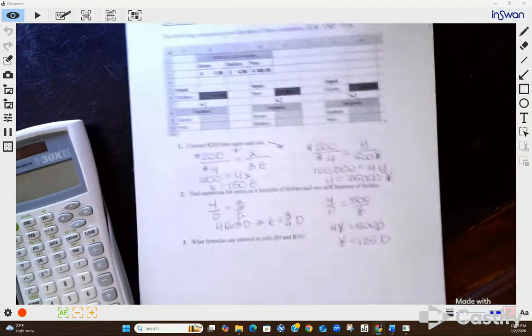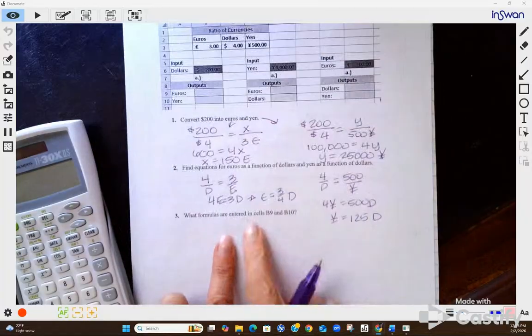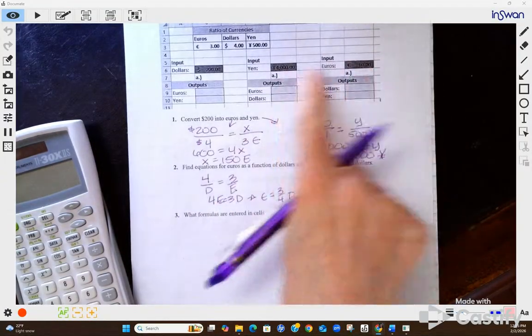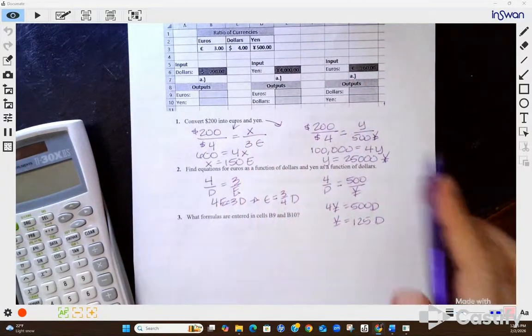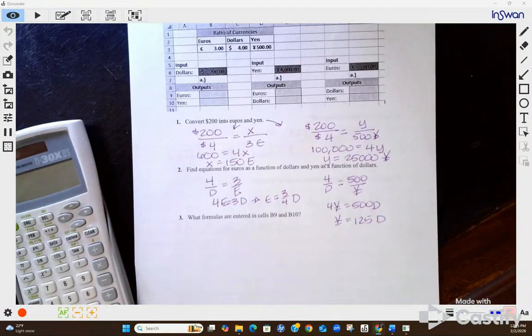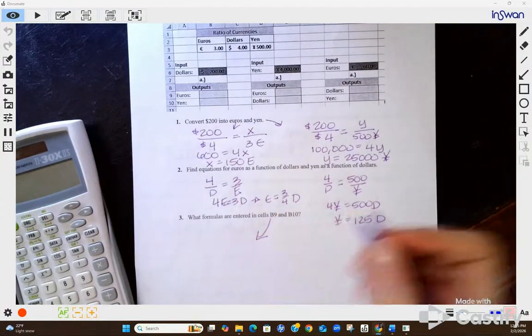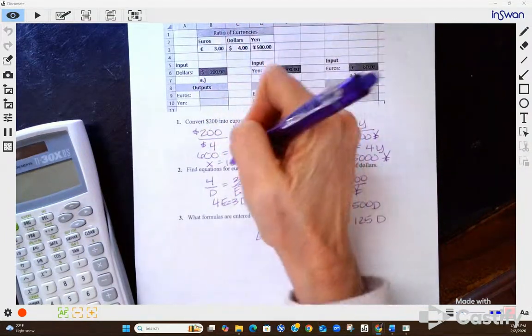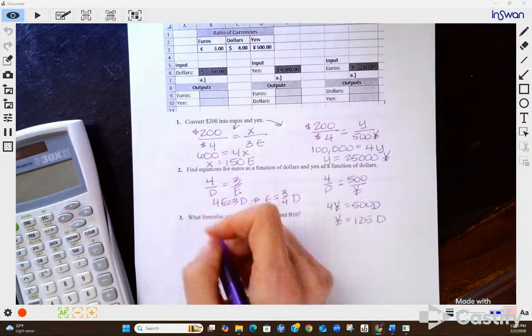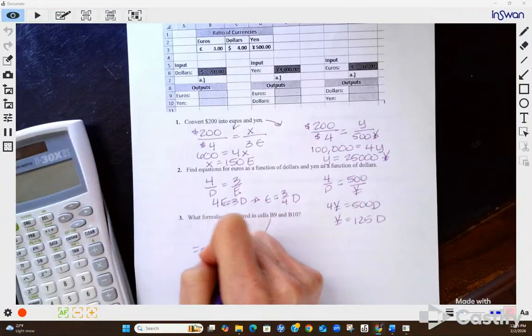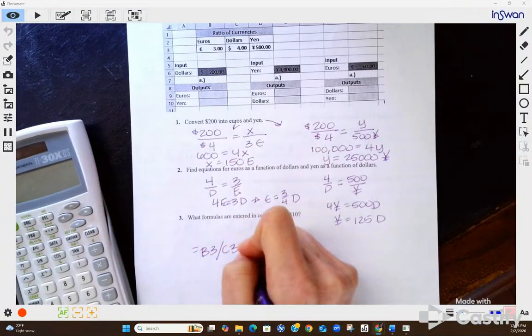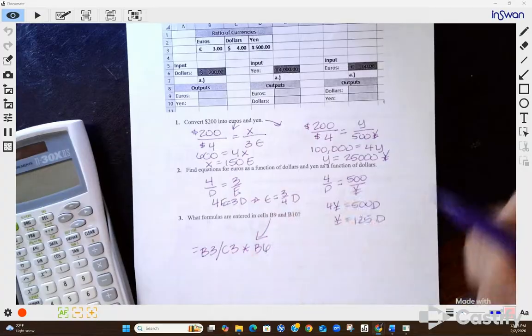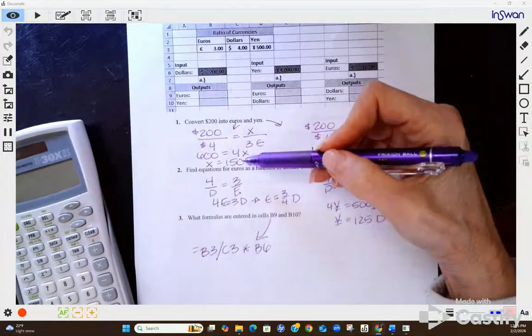Okay, so then if we match that up to using the cell references to calculate these things that we did earlier in cell B9, this calculation that we just made here, we can do B3 divided by C3 times B6, because that's the math that we used up here.